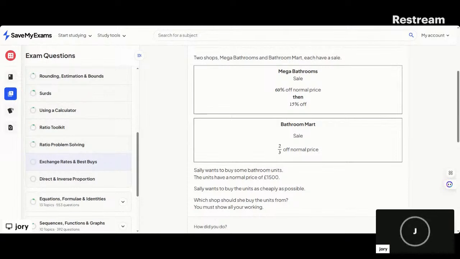So 600 times 0.15 equals 90. And then 600 minus 90 equals 510. So she gets more money worth from Bathroom Mart.